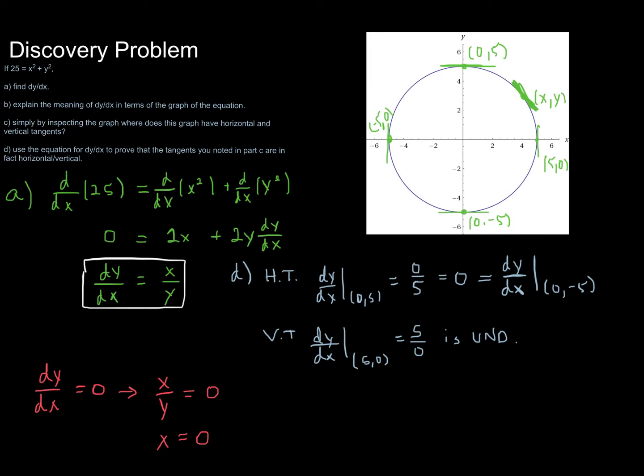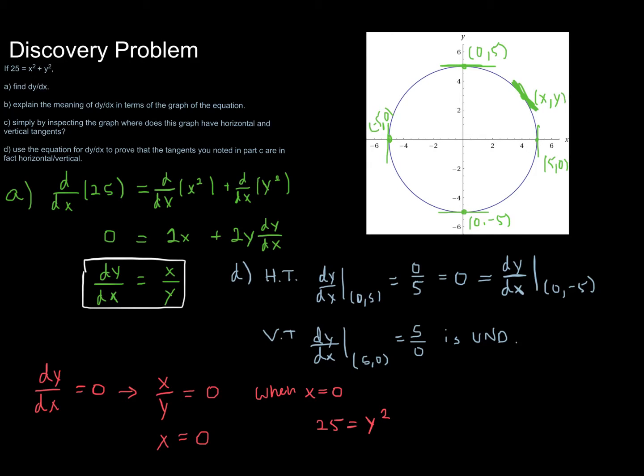All right, well, that's great. I know that the derivative will be equal to 0 whenever x is equal to 0. But how do I know what the y value is there? Because I'm trying to find the points, and so I need the y coordinate as well. Well, if x is equal to 0, how could I find the corresponding y coordinate? Remember, I have this original equation. And so by plugging this value of x back into my function, when x equals 0, I have 25 is equal to y squared.